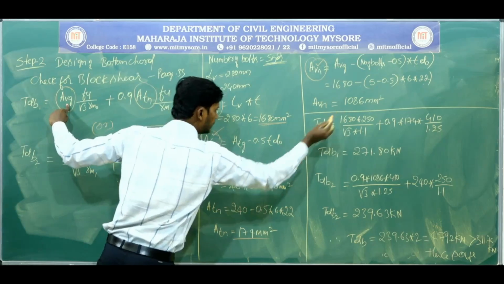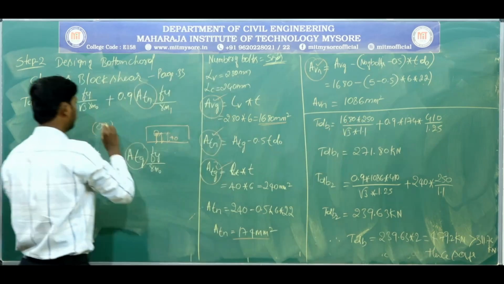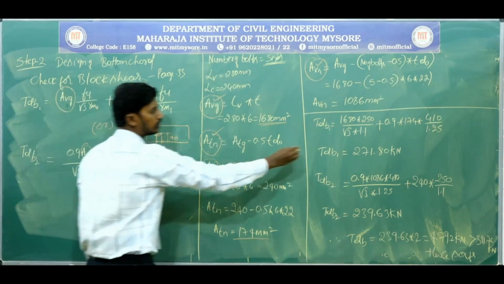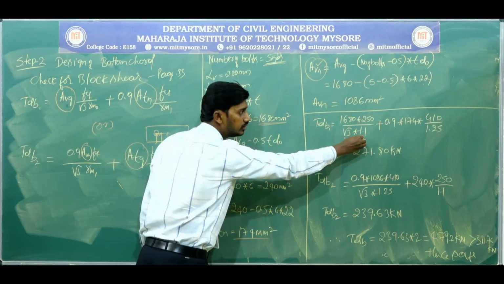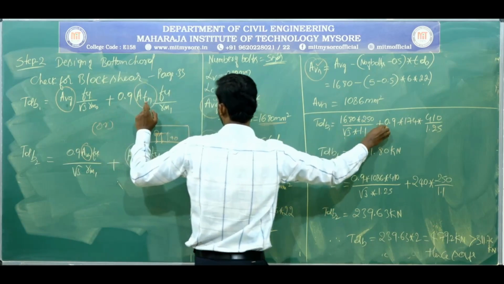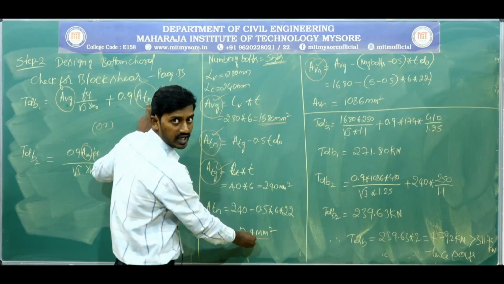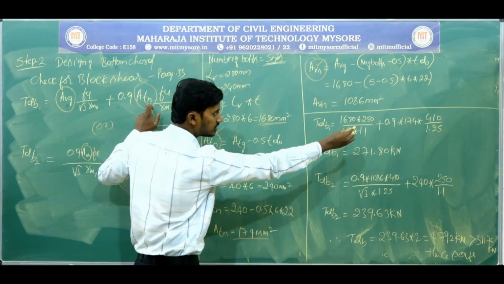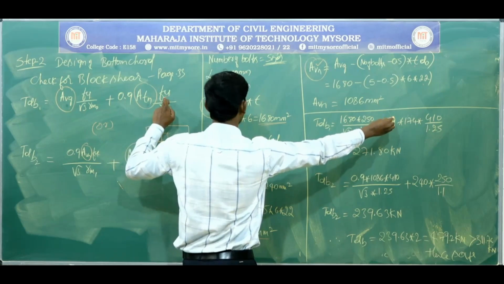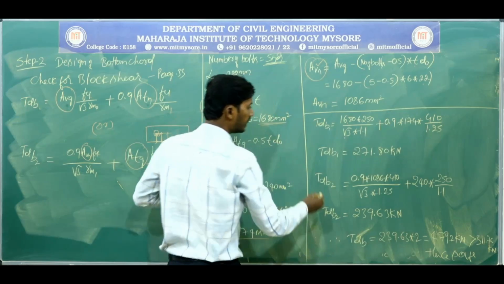AVG is 1680, Fy is 250 divided by root 3 gamma m0, where gamma m0 is 1.1, plus 0.9 ATN. ATN we calculated as 174 mm square, 174 into Fu 410 by gamma m1 1.25.